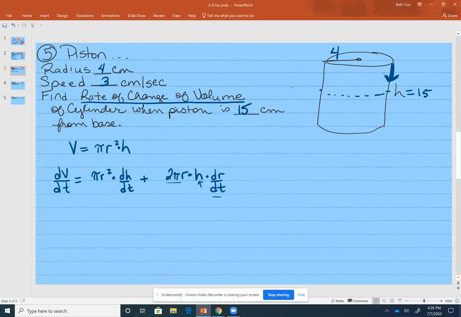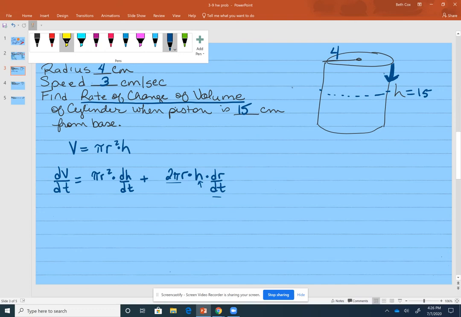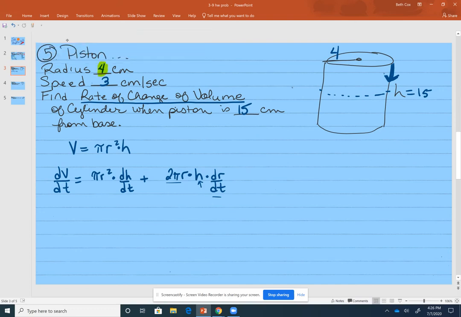And now let's see what we can plug in. Let's see what we know. Do we know our radius? Yes, we know our radius. So let's check on that one. Our radius is 4. So that's going to go there and that's going to go there. Our speed is the speed of the chamber.